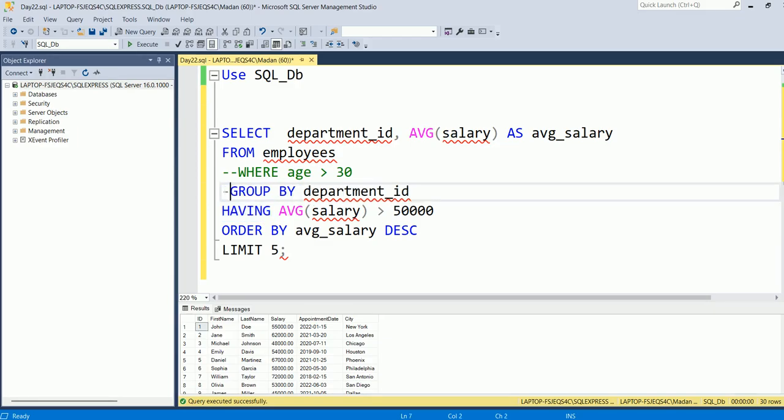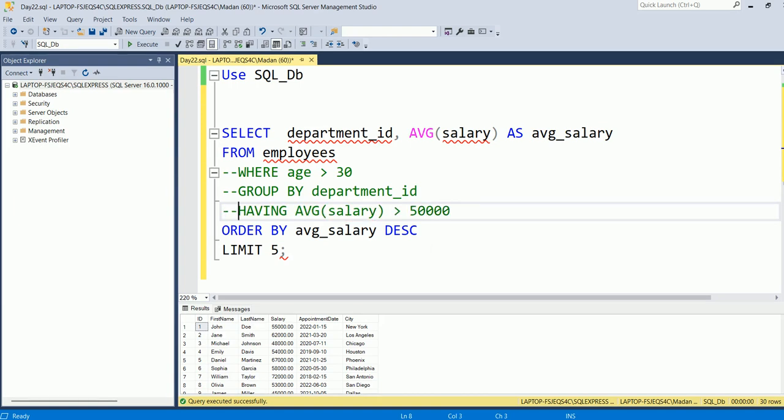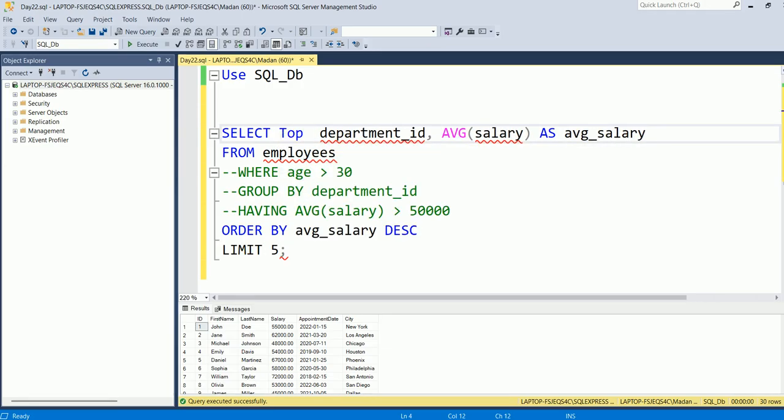If you don't want to use group by and having, simply after from you can use the order by clause, followed by ascending. SQL Server doesn't support the limit keyword, so instead we can use select top 5. We are almost familiar with this top keyword now.